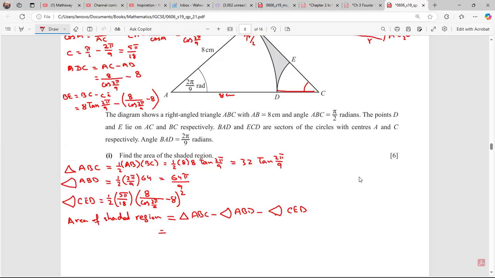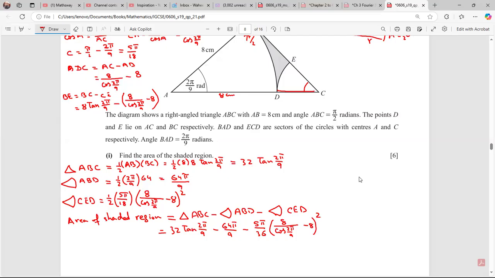So what's the area of ABC? It is 32 tangent 2 pi by 9 minus 64 pi by 9 and minus, this is going to be 5 pi by 36 into 8 over cosine of 2 pi by 9 minus 8 and its square.